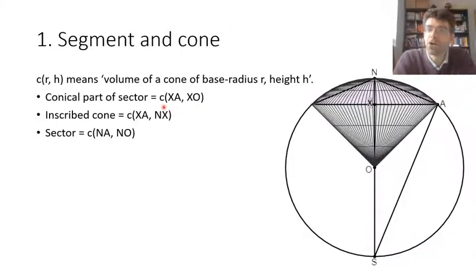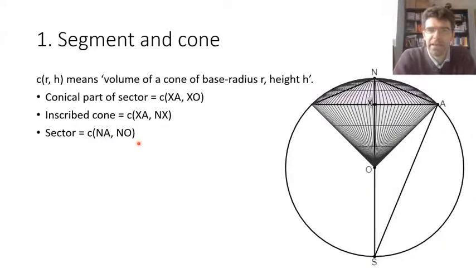We've seen that the whole sector has a volume that is equal to a cone, namely the cone NaNo, right? The height of the radius and the base equal to pi times Na squared, as we were just describing a minute ago. How can we compare those two things, C xa xo and C NaNo?